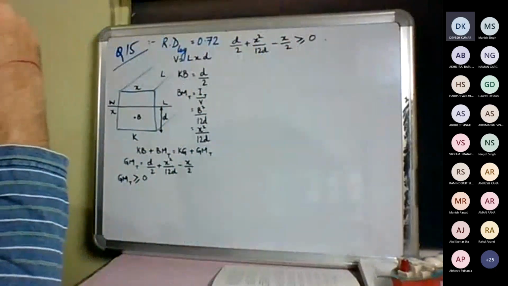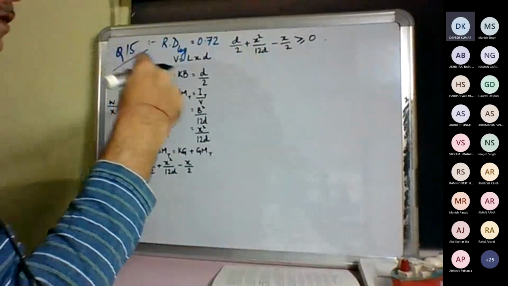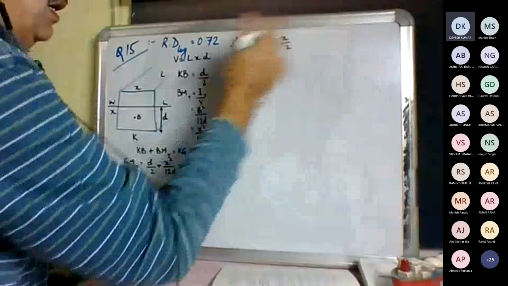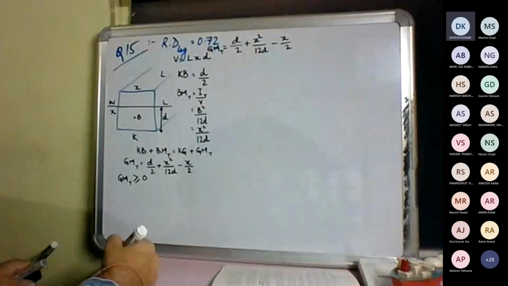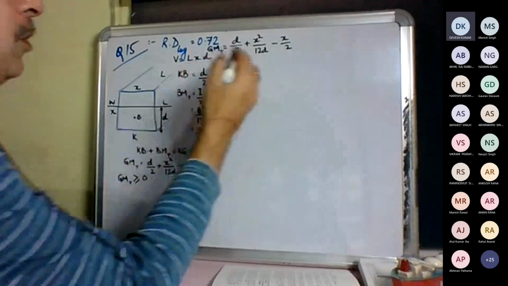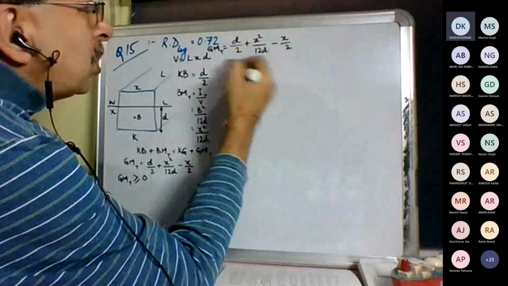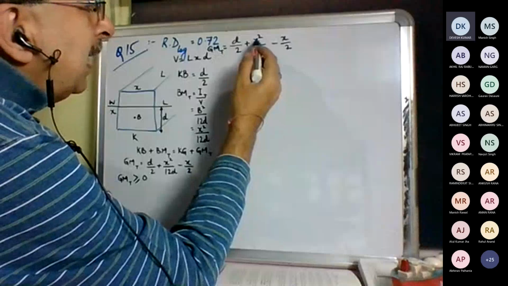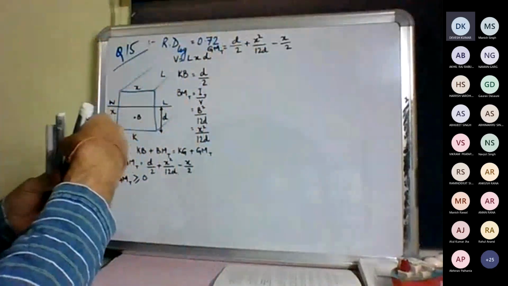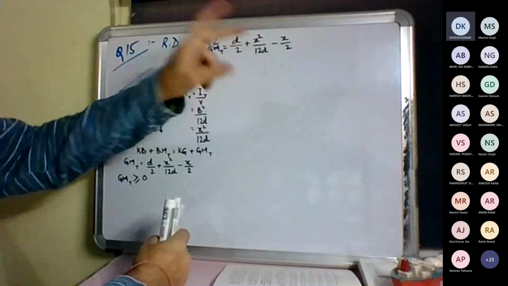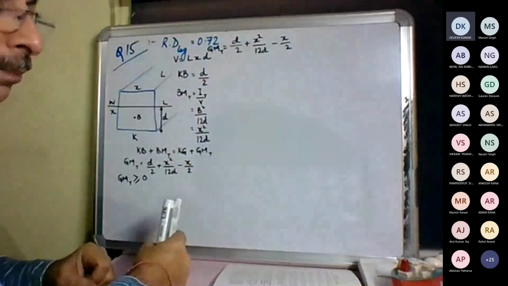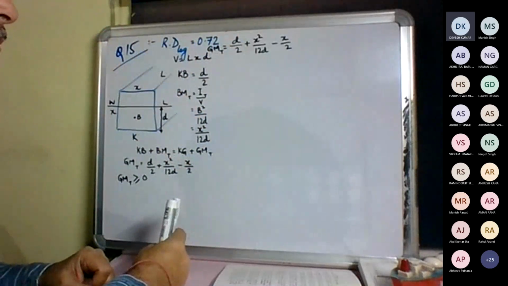Then the log will float upright. I've got this equation with two variables, x and d. If I have to solve this equation, then I must have another equation with these two variables.